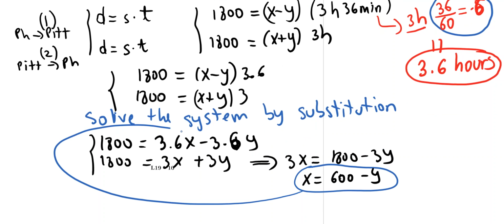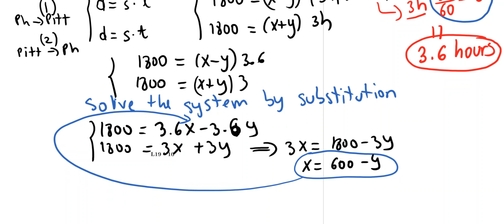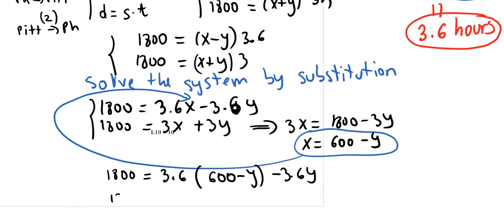So in the first one, 1800 equals 3.6, instead of x, I'm going to put 600 minus y, minus 3.6y. And again, we can do the trick where we'll write 3.6 as 36 over 10. I don't like working with decimals.